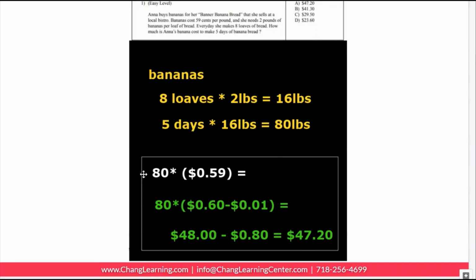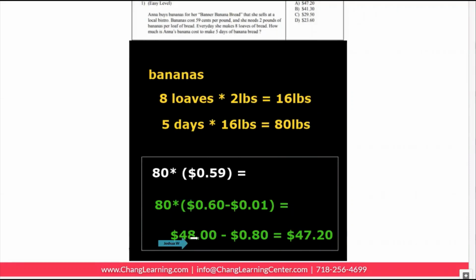She buys that at the store. 80 times 0.59 is equivalent to, here I'm just rewriting 59 cents, rounding it up to 60 cents, but subtracting 1 cent at the same time. So by distribution, it's easier for me to do 8 times 6 is $48.